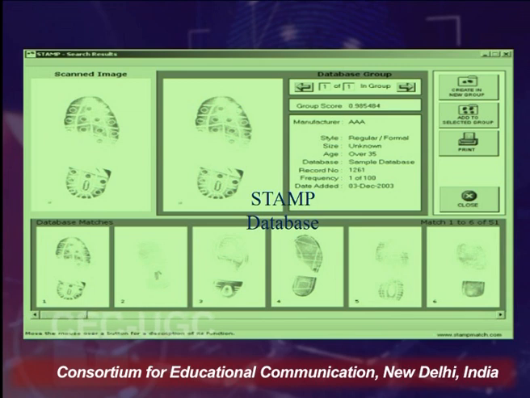So as we were discussing, there is a STAMP database where they have the full database of different footwear. Various companies have put their data in this database. If we input some information about which brand this footprint matches, then the information can come out that this particular footwear belongs to Nike or Adidas, which is a size 10 and which was launched in this year in these cities.